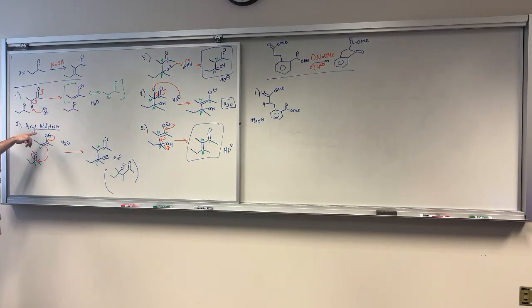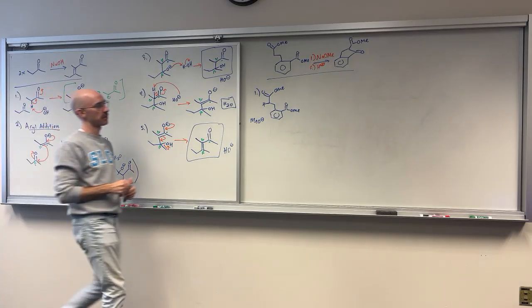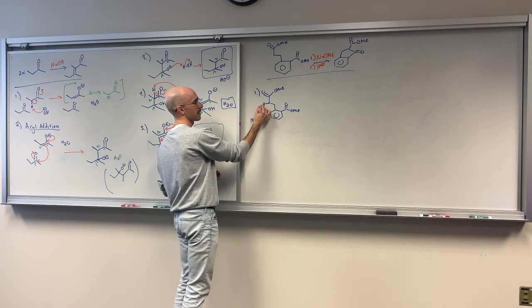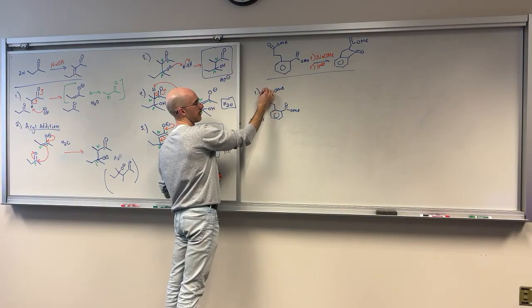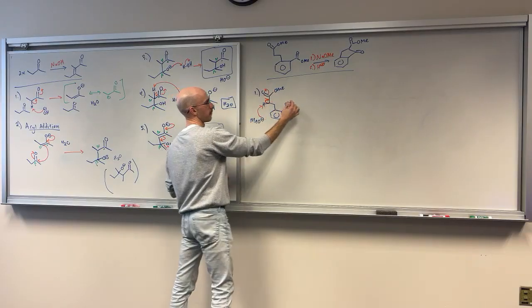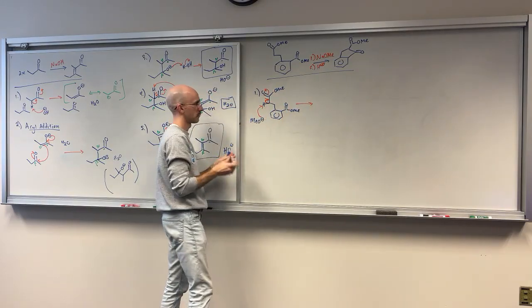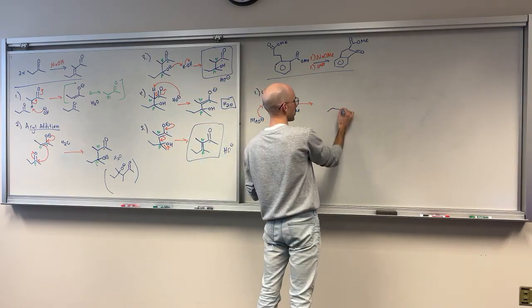And just like last time, I'm only going to show the major resonance form. You don't have to if you don't want to this time, but if you come take my class again, I might change my mind. Methoxide takes a hydrogen. The CH bond becomes a CC bond, and the CO double bond breaks open. Formation of the enolate.